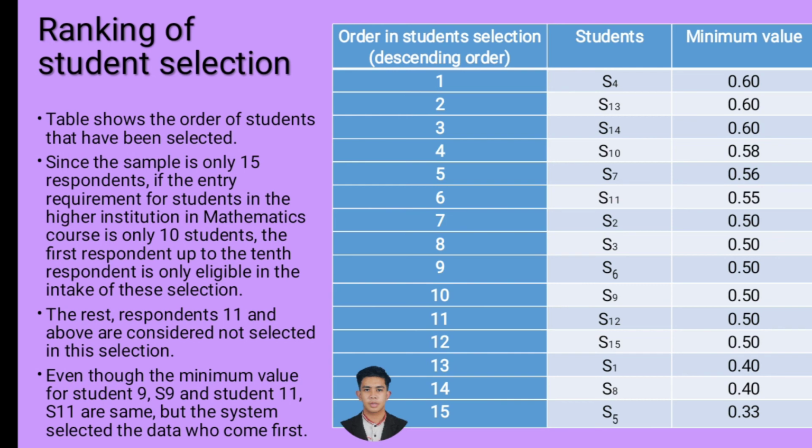But the rest, from respondent 11, which is student 12 and above, are considered not selected, even though the minimum values of student 9, student 11, and so on are the same. But the system selects the data which comes first.